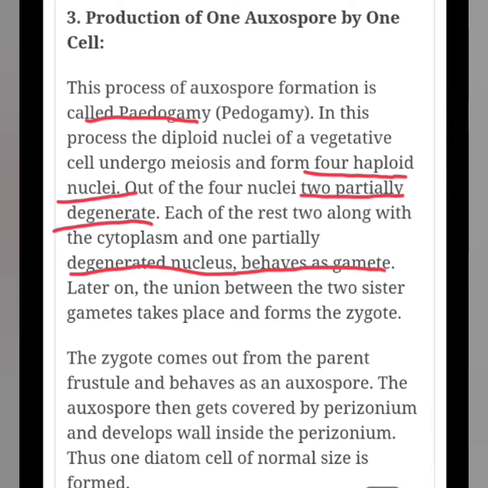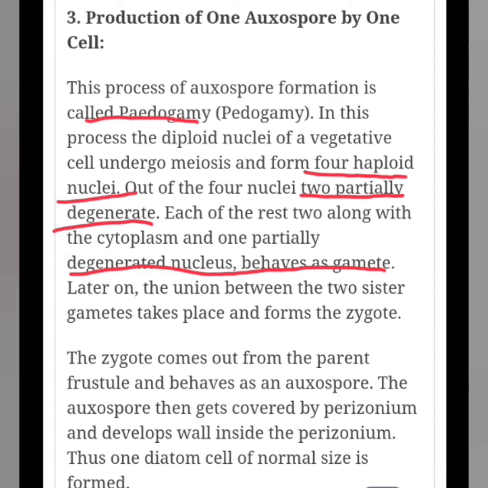While the other 2 nuclei, along with the cytoplasm and one of the degenerated nuclei, behave as gametes, and these will undergo union and form a zygote.